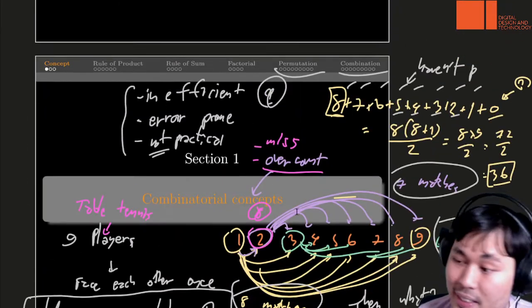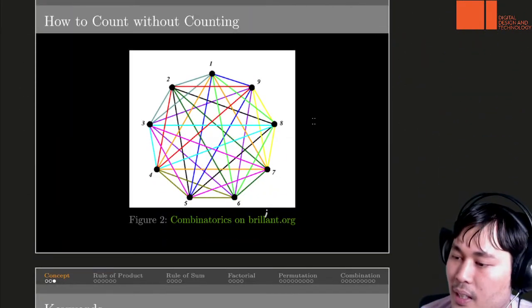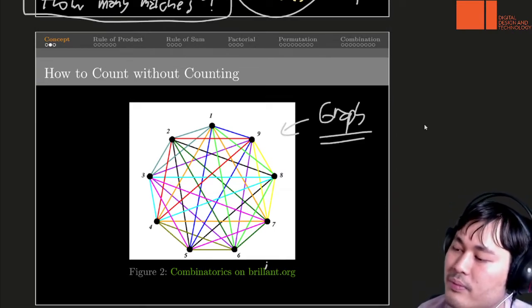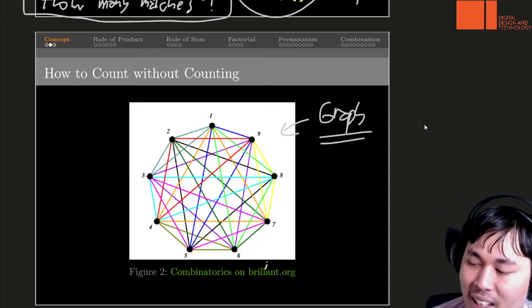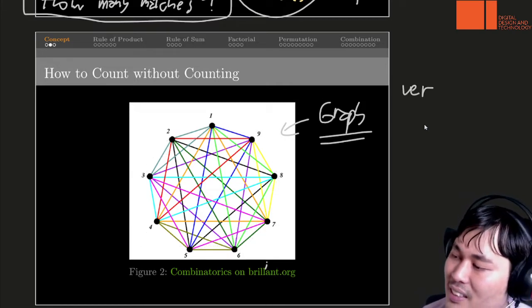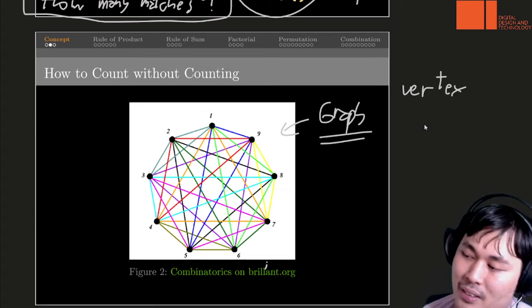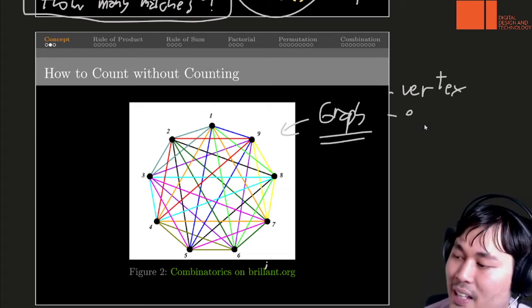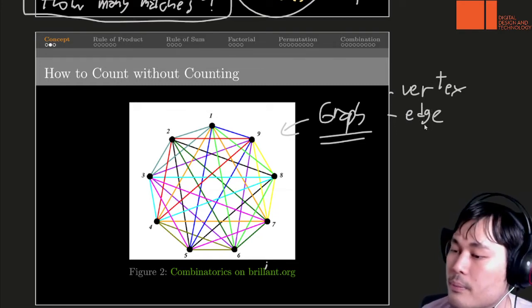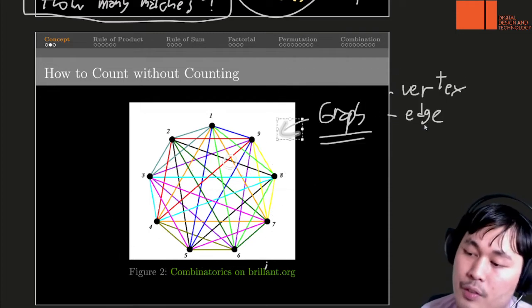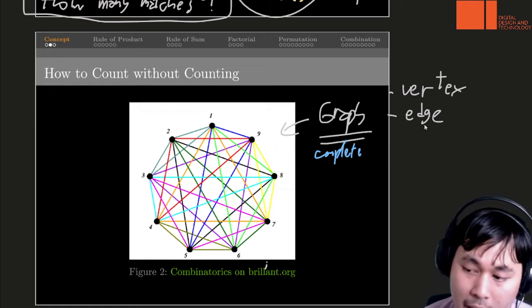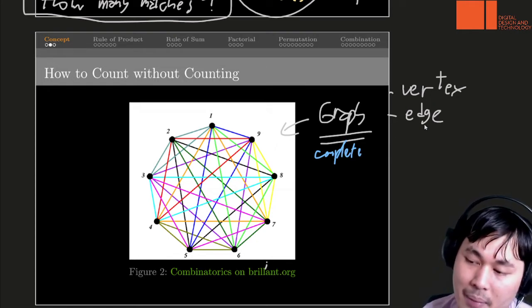Like for instance, this problem about matching people can actually be transferred into a problem about graphs. In this case, a graph is just a network of dots. In the formal way we call them vertices, and these lines are edges. It's a collection of vertices and edges. And we have a study of graphs where, if you have this kind of graph, which is called a complete graph, it's complete in the sense that every pair of vertices is linked by an edge.